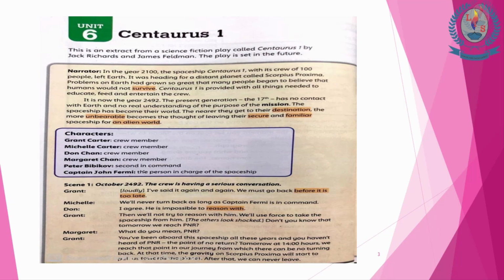It is now the year 2492. The present generation, the 17th, has no contact with Earth and no real understanding of the purpose of the mission. The spaceship has become their world. The nearer they get to their destination, the more unbearable becomes the thought of leaving their secure and familiar spaceship for an alien world.